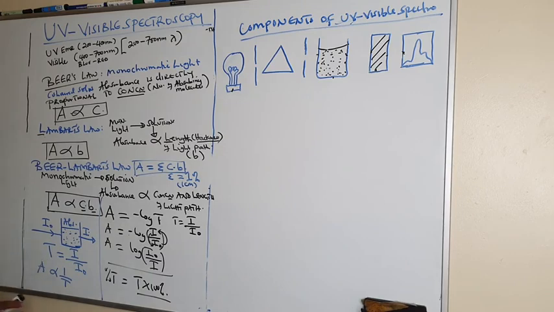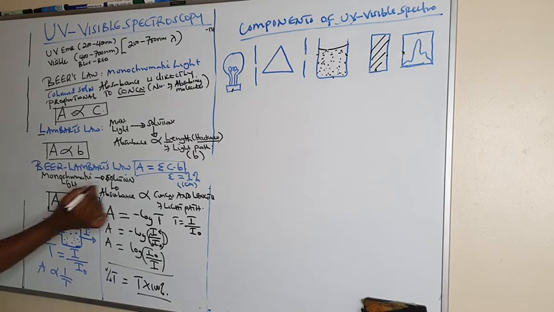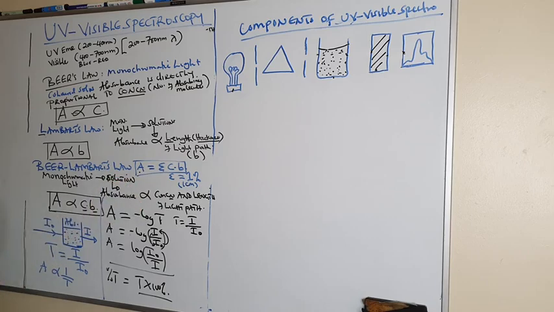Lastly, according to Beer's law, we can also find another formula which says that if I have the absorbance of the solution under study and I have a standard, I can easily calculate the concentration, whereby the concentration of the test is equal to the absorbance of the test over the absorbance of the standard, then you multiply by the concentration of the standard.